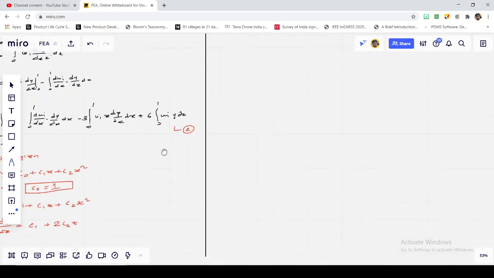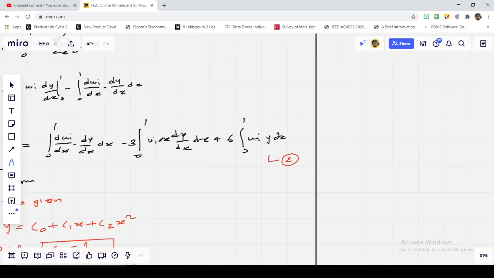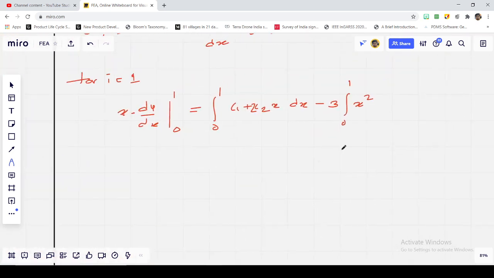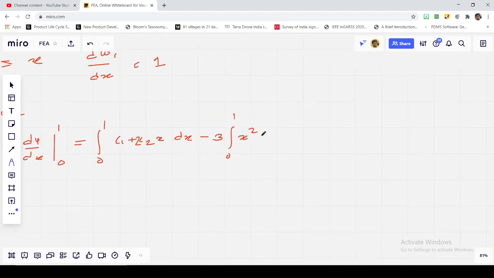Where is x square coming from? It is wi into x, so wi is x, x into x is x square, so x square into c1 plus 2c2x dx, and there will be third term plus 6 integral 0 to 1 into y, that is x into 1 plus c1x plus c2x square dx.